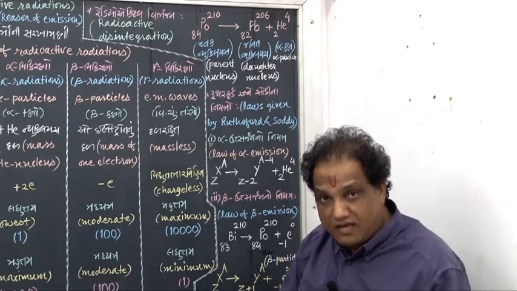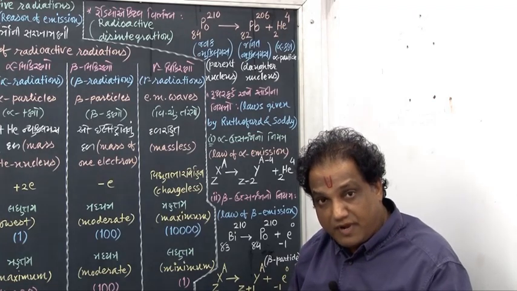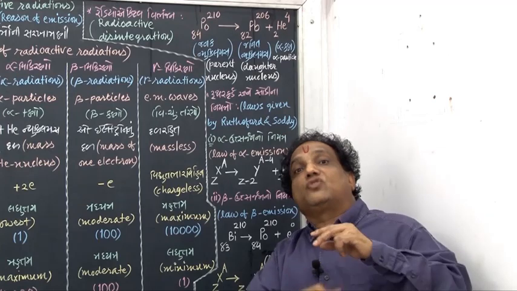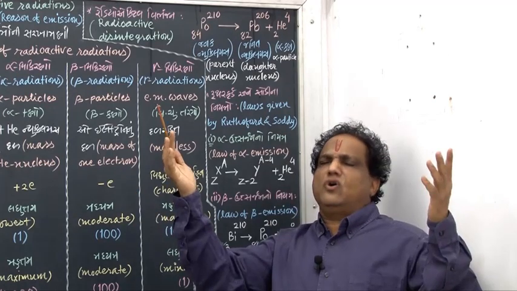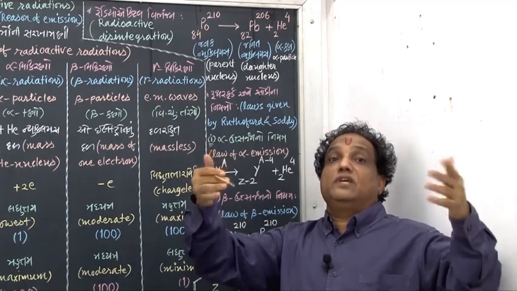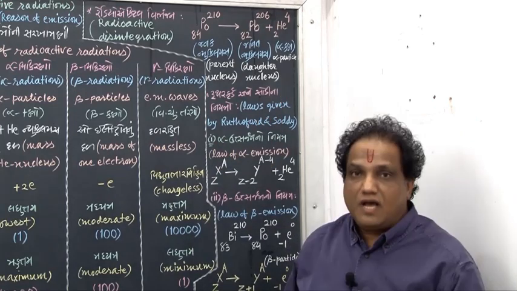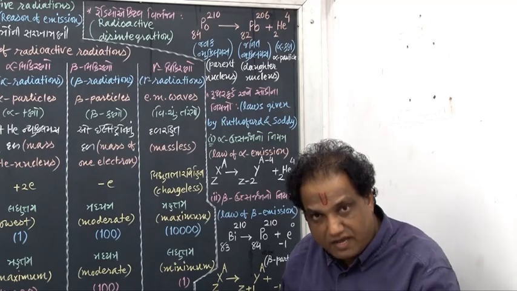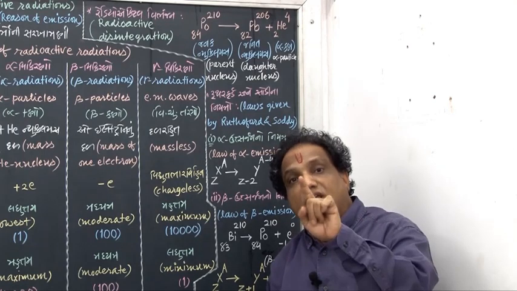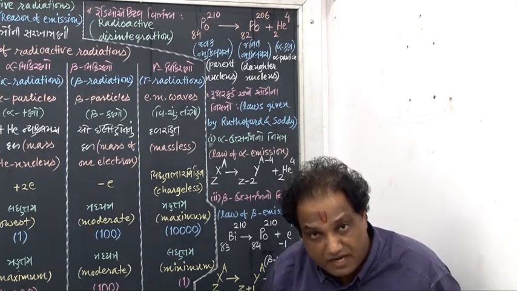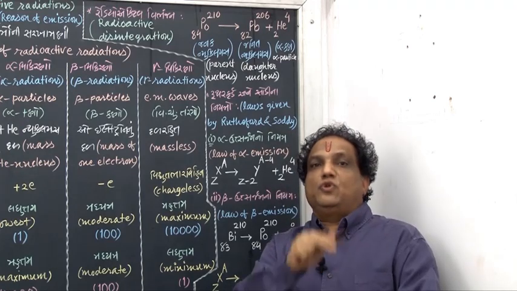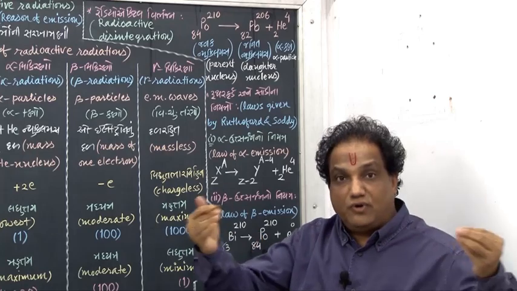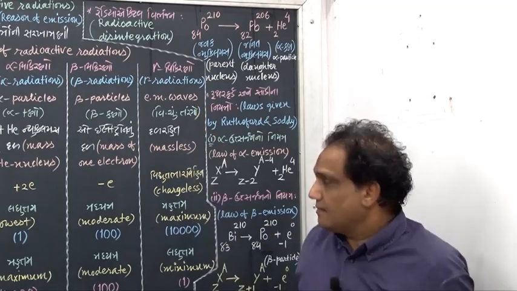A process or phenomenon whereby a radioactive nucleus after emitting alpha or beta particle gets transformed into nucleus of new element is called radioactive disintegration.